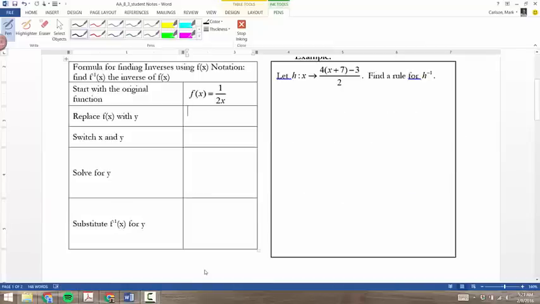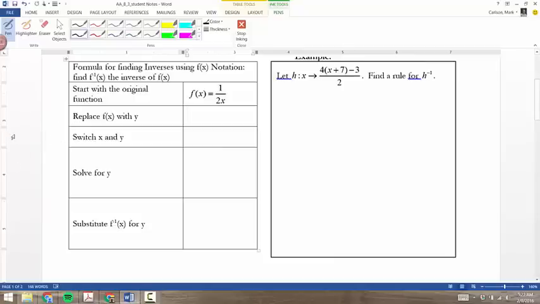Next, I'd like to go through the process of how we find the inverse of a function and write it as a function, if it is one. These are the steps. We start with the original function. We take out f of x and replace it with y. Then we switch the x and the y.